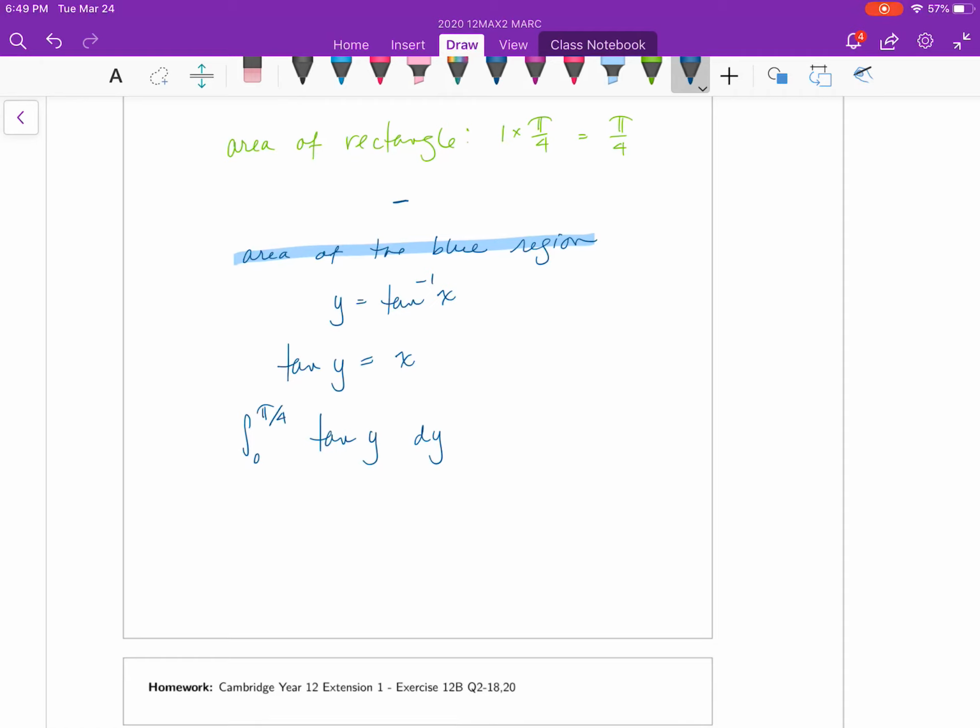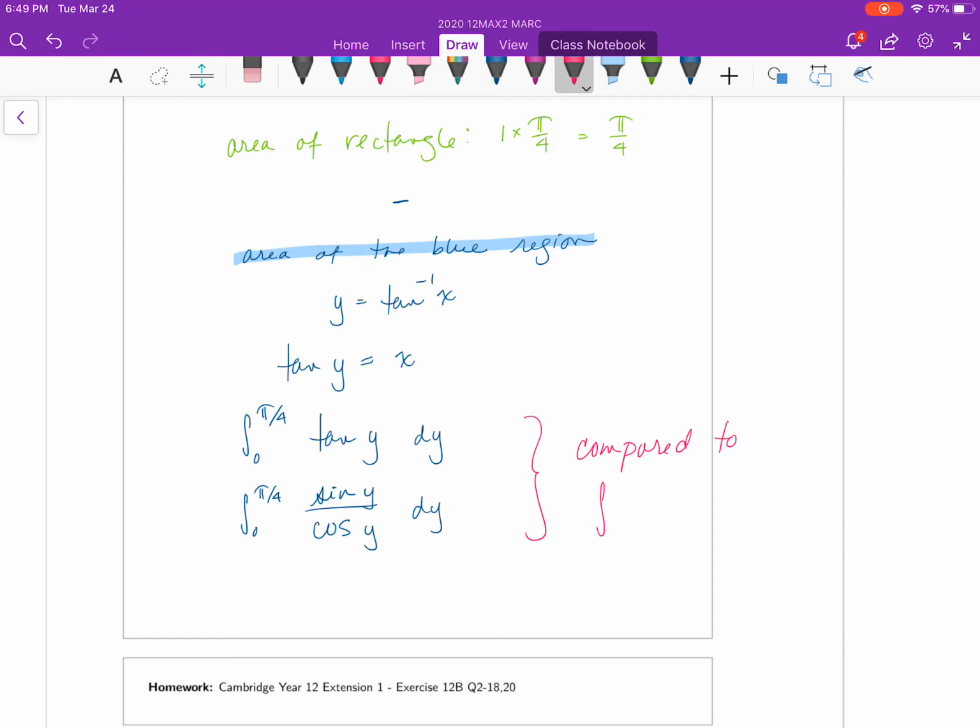And this is where it gets tricky, because I have to recall other integration where tan is actually the same thing as sine of y on cosine of y dy. And I've got to know all my different rules pretty well, because I might be looking at my reference sheet.